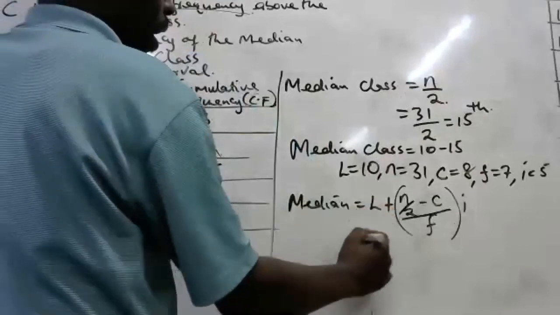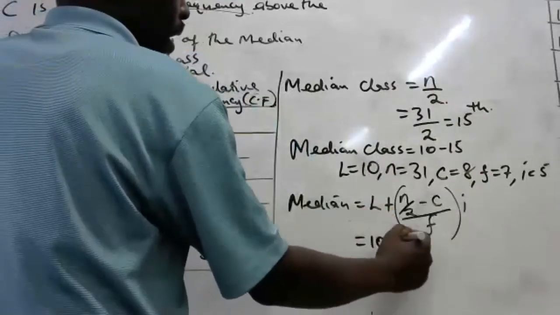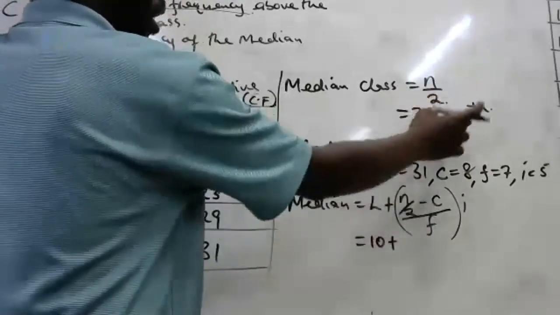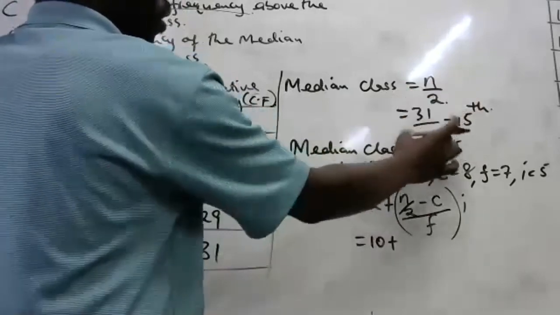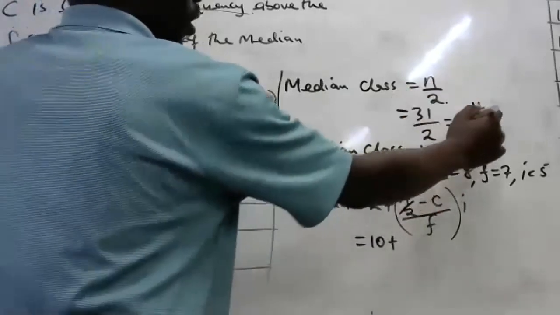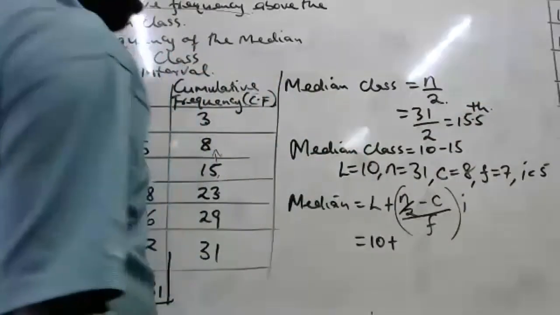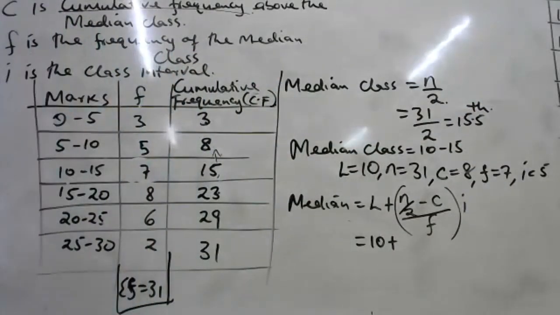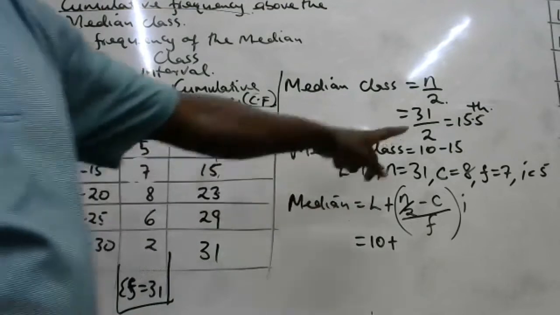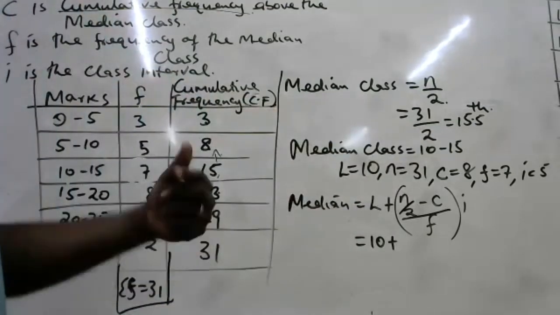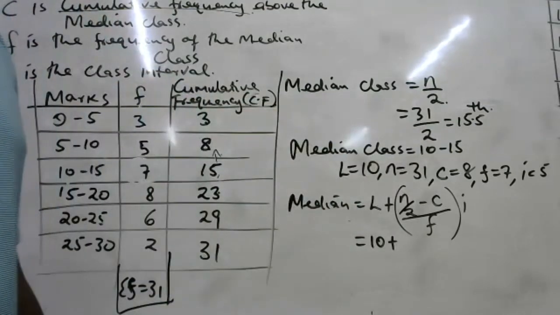So in this case, our L we know is n plus n/2. Actually, we calculated here, n/2 was 15.5. I think we messed up there. That 31 divided by 2 is 15.5, and that will change everything.